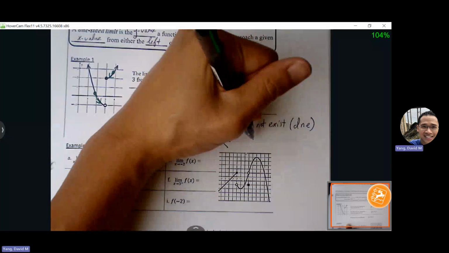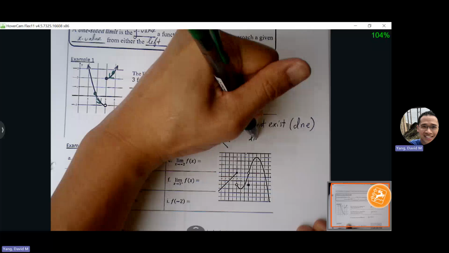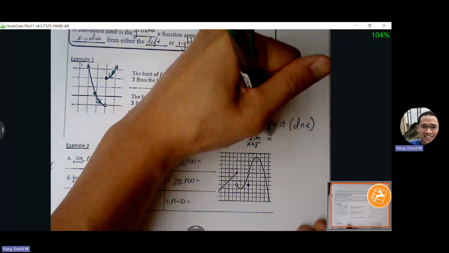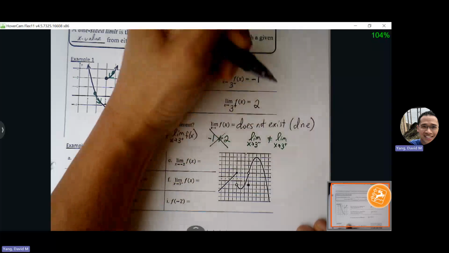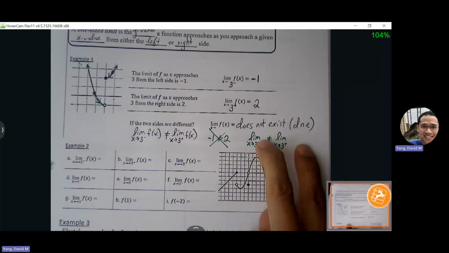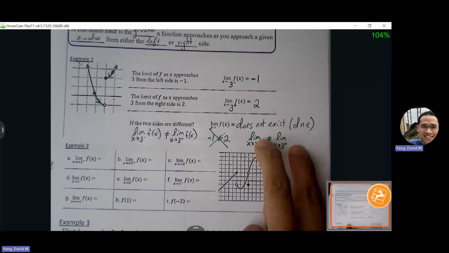Sometimes I see students do it this way too, because this is the way that we say it. I understand. So we don't want to write it this way either: the limit as x approaches 3 from the left side of 3 does not equal the limit as x approaches 3 from the right side of 3. I know that's the way that we say it, but this is an incomplete statement because we need something to indicate what we're talking about. Here, we're leaving something completely blank.